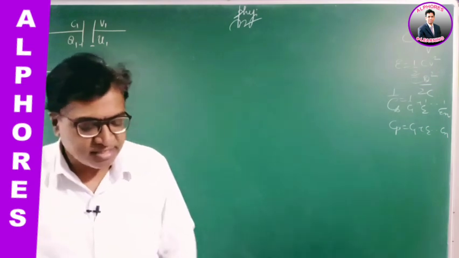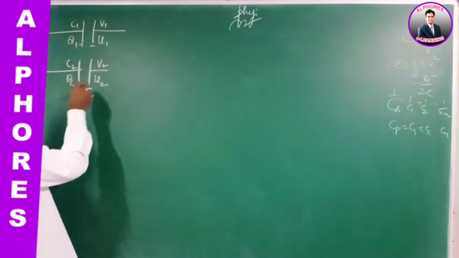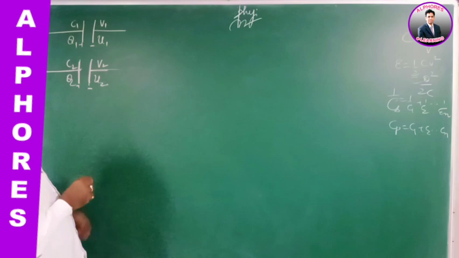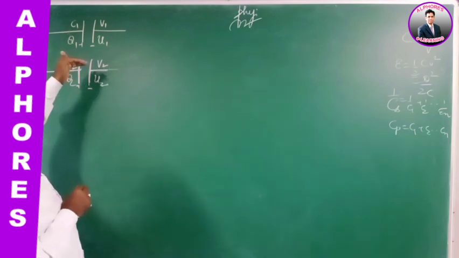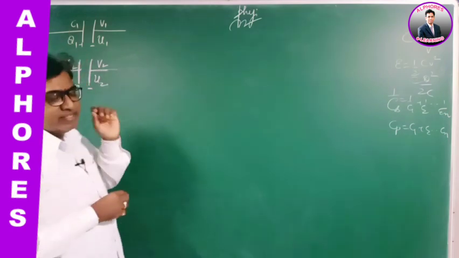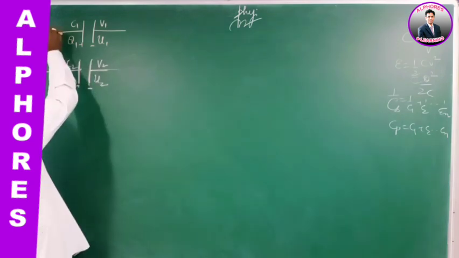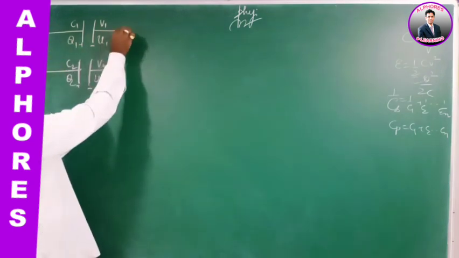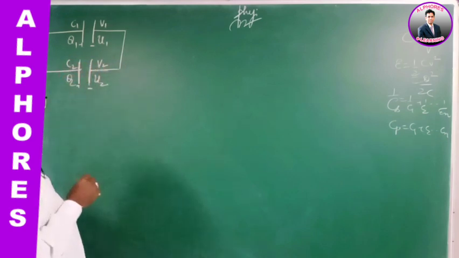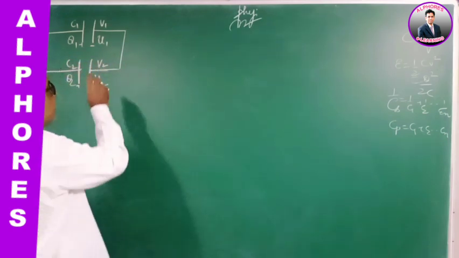If the capacitors are charged like this, to different potentials, and I am going to combine these capacitors, such that plus is connected to plus and minus is connected to minus, right? Parallel combination.